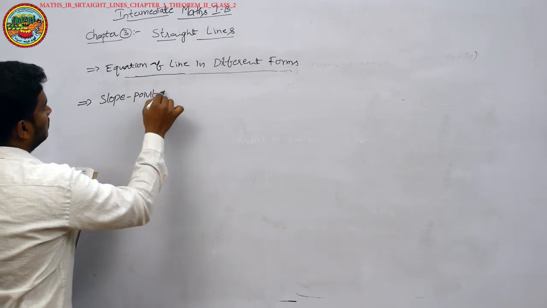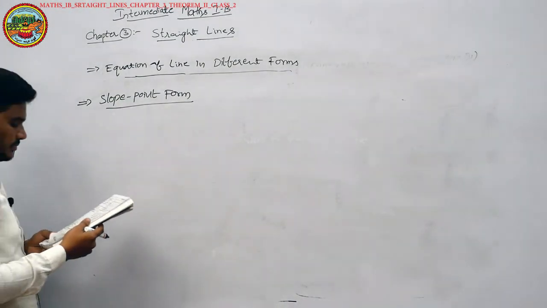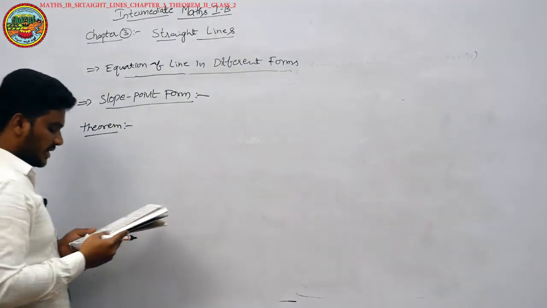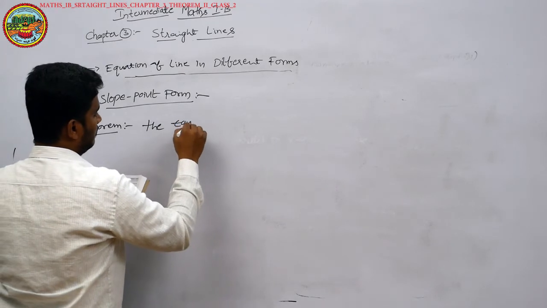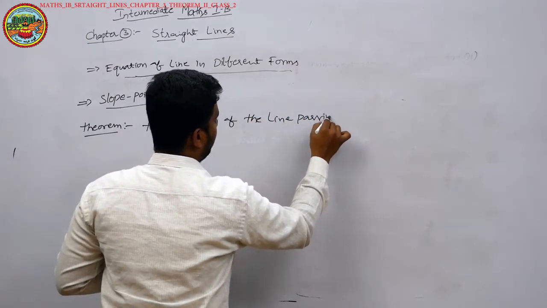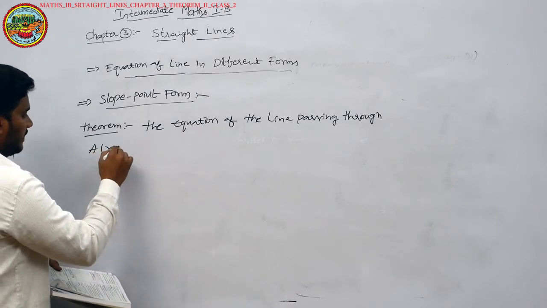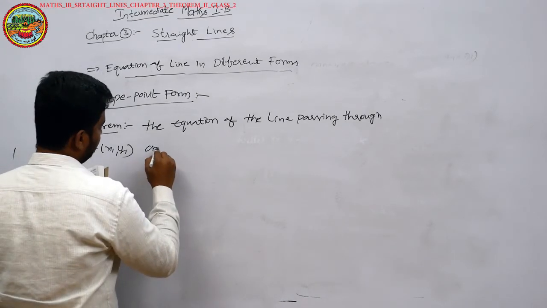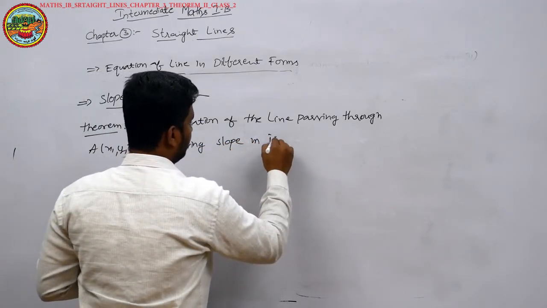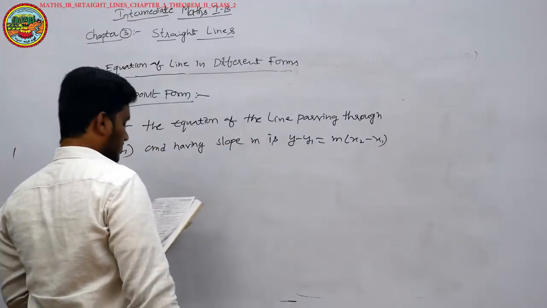So, theorem: the equation of the line passing through a point x1 comma y1 and having slope m is y minus y1 is equal to m into x minus x1.